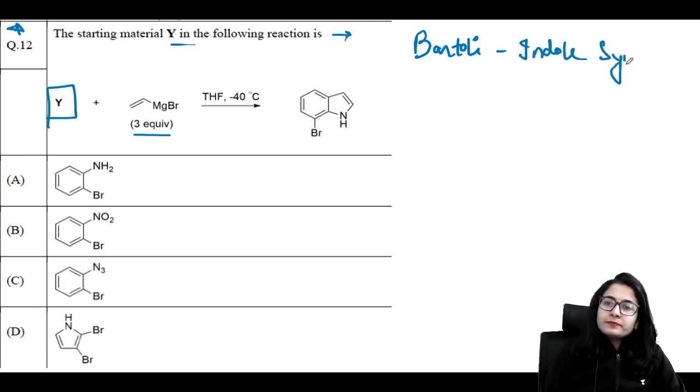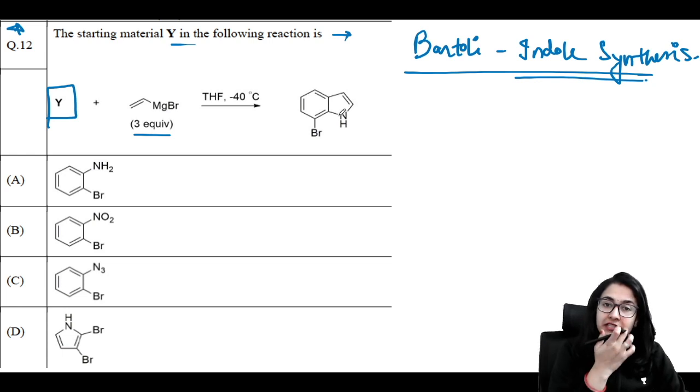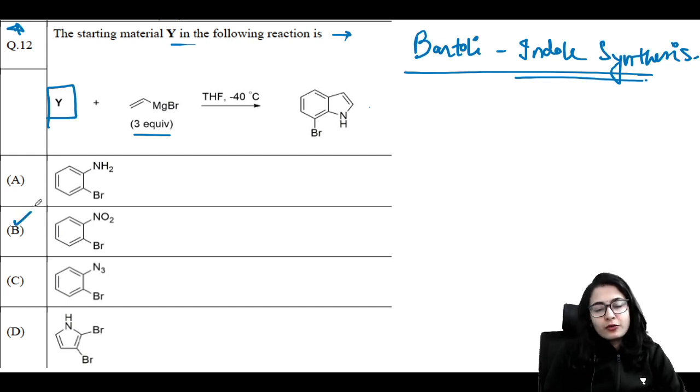All right, it is Bartoli indole synthesis. And since this is asked in the previous year question, I'll make a name reaction video on this also, taking more examples. For now, let's discuss what is going on. So your starting material has to be some ortho substituted nitrobenzene. This could be a bromine, this could be an alkane, a simple methyl substituent also, that doesn't matter.